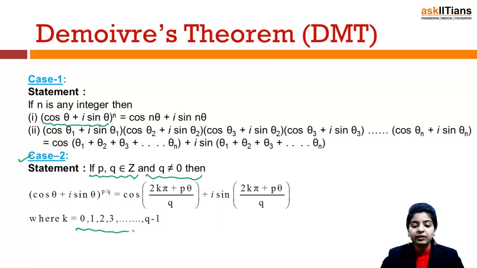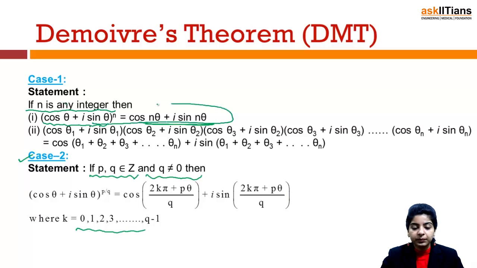So just note here what is the difference between the two cases. First of all, we are taking n to be an integer, and in this case when index n is an integer, then we can see that this (cos theta plus iota sine theta) raised to the power n has exactly one value, which is cos n theta plus iota sine n theta, right? When n is an integer, this has got exactly one value.